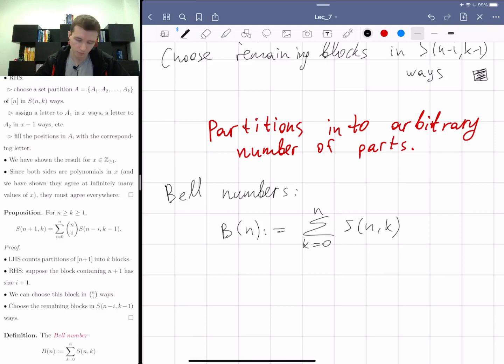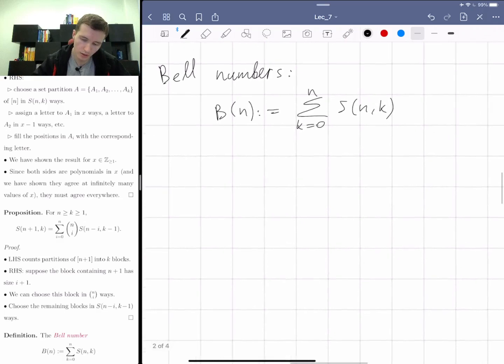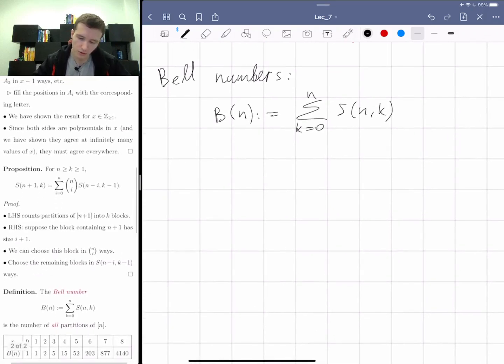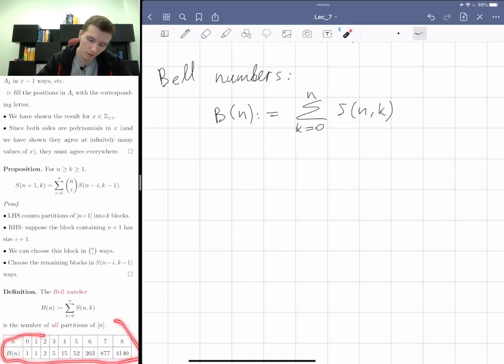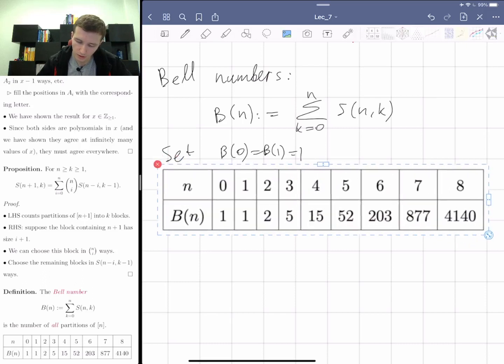Let me try to give you a table. You vary k, so you look at all set partitions of [n], and you still disregard the order of the sets. Here is the table. We set B(0) and B(1) to be equal to 1, and then the table looks like this.